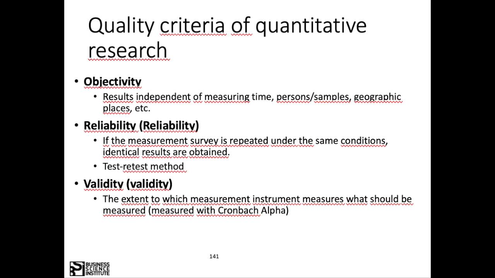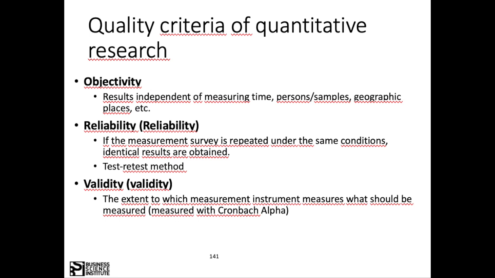This is generally measured with the Cronbach alpha or the Jöreskog-Koch criterion. So we have different tools which we use when we do factor analysis, exploratory or confirmatory factor analysis, which gives you an indication of reliability, that is, that all the items measure the same phenomenon.